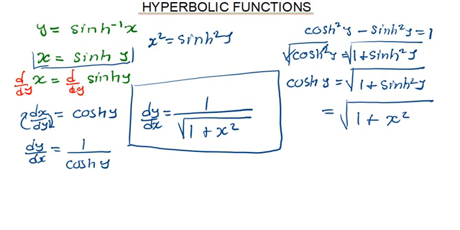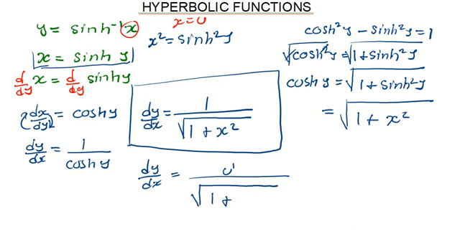One thing that I would love us to understand is that when you look at the numerator, which is a 1, and part of the denominator, which is the x squared there, if I express the x in terms of u, if I say my x is equal to u, then as a standard equation, u can be anything, our dy dx is equal to u prime divided by the root of 1 plus u squared.